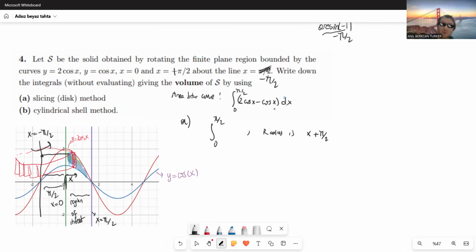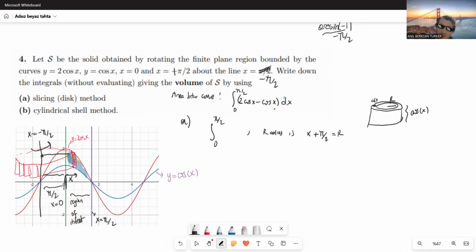That's my case. So what about this shell? This dx. What is the height of this shell? Height of this shell is the difference of these two graphs, which is cosine x. What about the radius? It was x plus pi over 2.